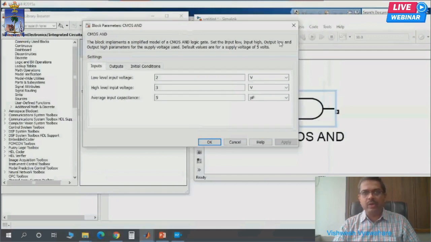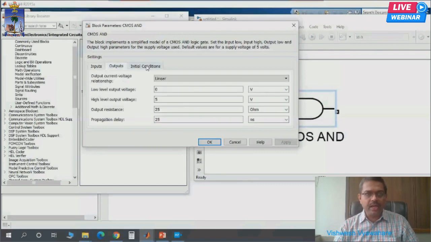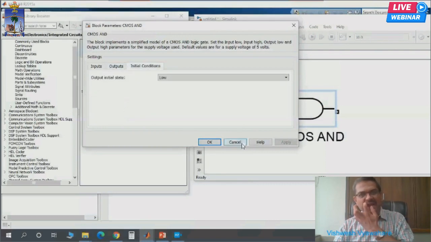Set the input low, input high, output low, and all those things. So inputs, low level input voltage 2 volts, high level input voltage 3, so 0 and 1. Outputs and initial conditions. So it is that easy.